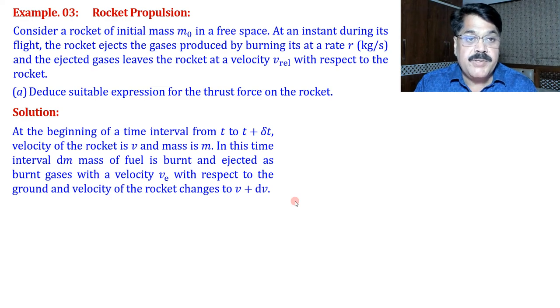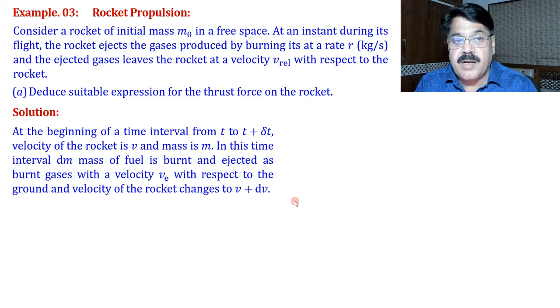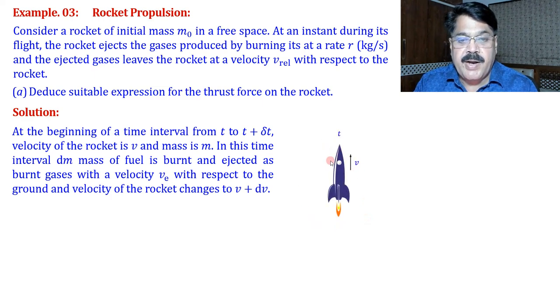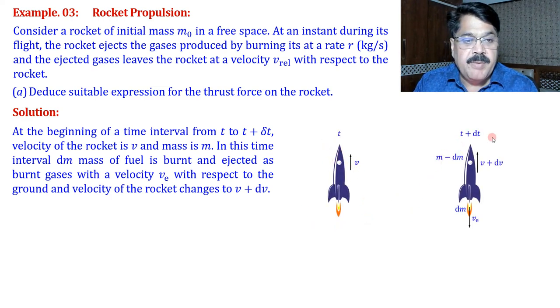At the end of this interval, the rocket has acquired a velocity v plus delta v. So dm mass of the fuel has been burned, the mass of the rocket has become m minus dm, and dm gas has been ejected, with its velocity v with respect to ground.